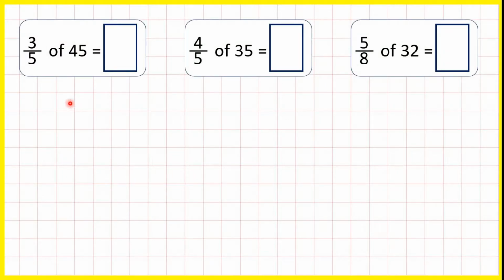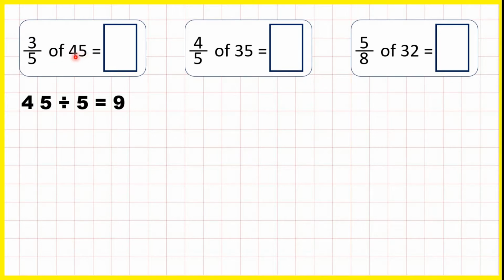So here we're finding non-unit fractions of numbers, and these are non-unit fractions because the numerator isn't 1. So to find a non-unit fraction of a number, we divide it by the denominator, and then multiply that answer by the numerator. The way I remember this is divide denominator, then times top.